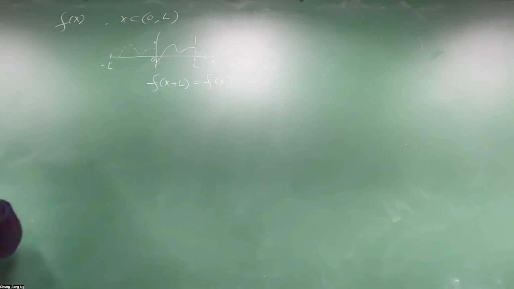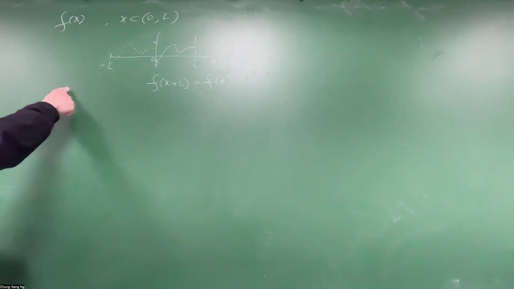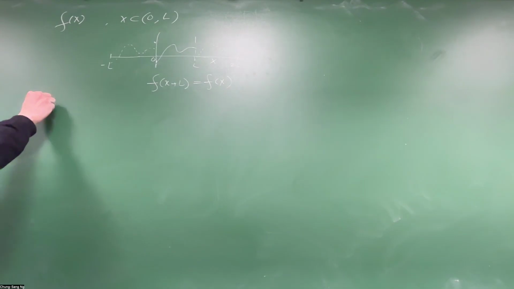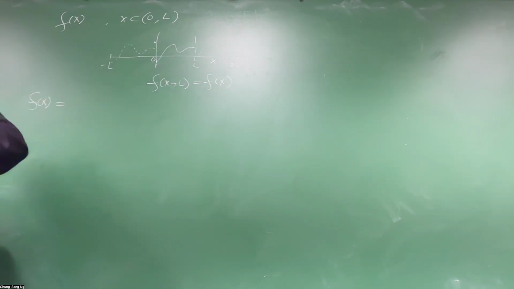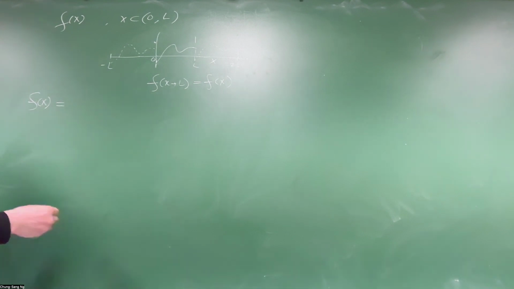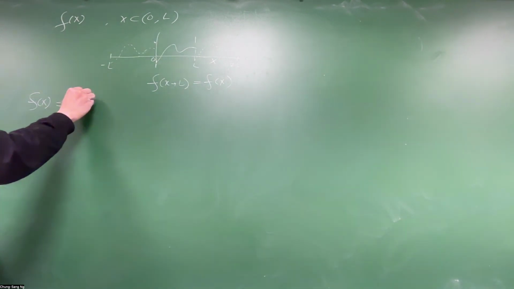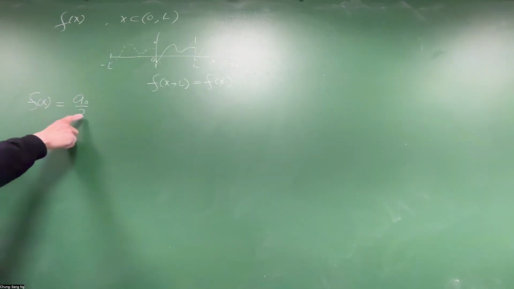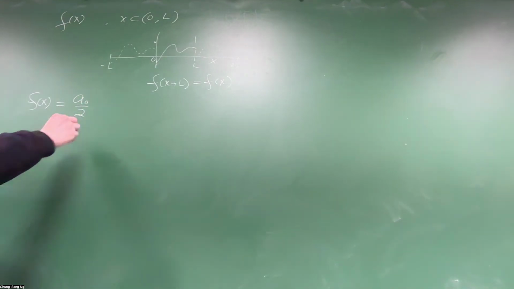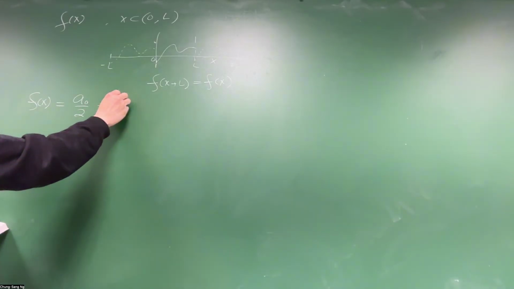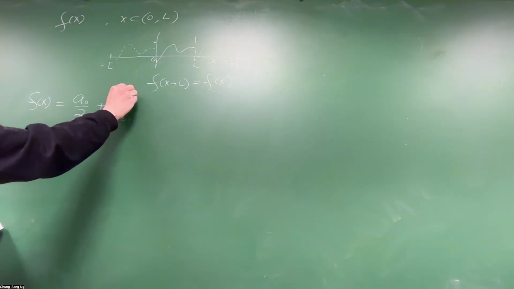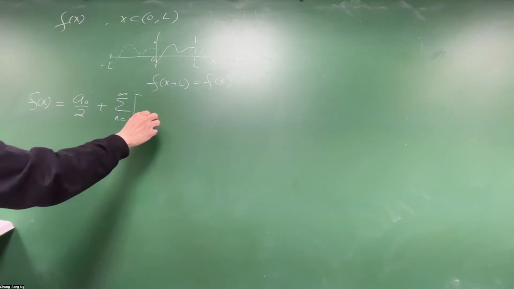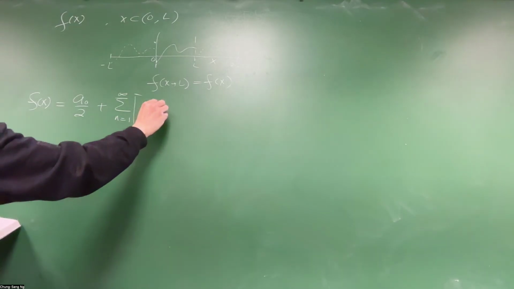Once you treat it like a periodic function, you can say f(x) is represented by a bunch of sine and cosine. So we have a constant term, which is a0 over 2, and this 2 is just for convenience. And then you sum over n from 1 to infinity, and there's a cosine term.